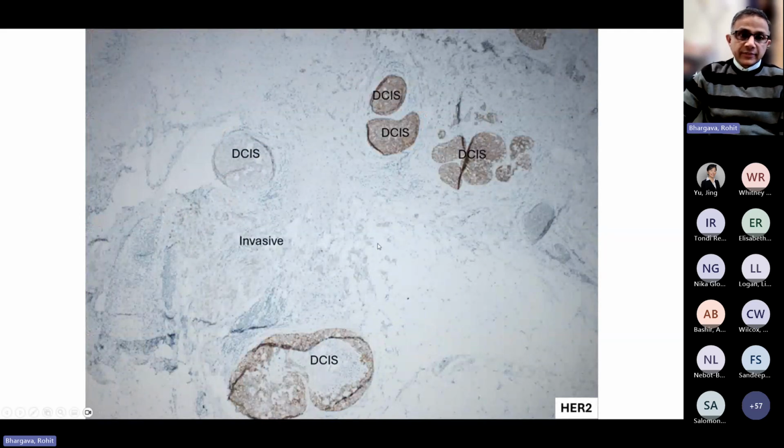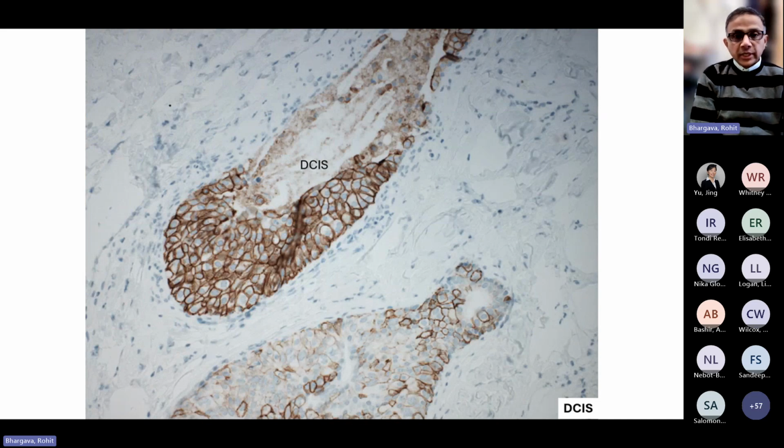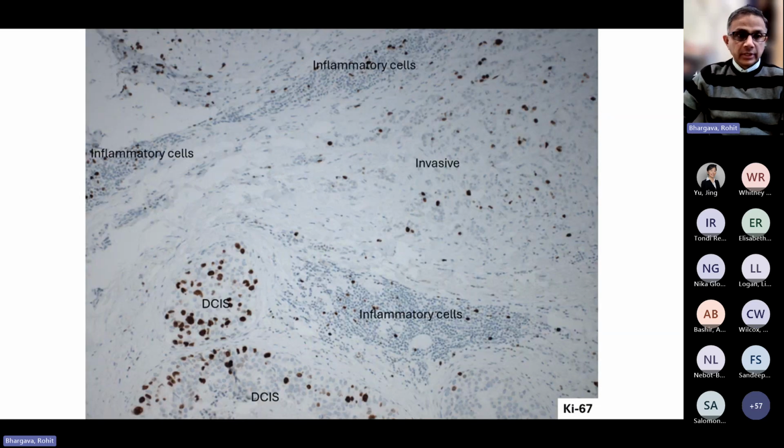You can notice the invasive cancer is clearly negative, but the DCIS shows heterogeneous staining for HER2, and some areas clearly have IHC 3+ scores. So it's possible that some of this DCIS contributed to the high recurrence score in this case. And so did the proliferation rate, since the proliferation in the invasive cancer wasn't as high as the proliferation in the DCIS.